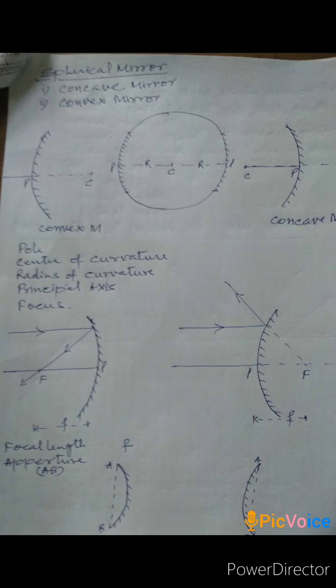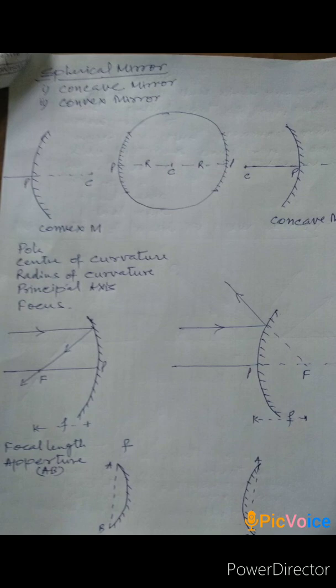So this is called the center of curvature, C. The radius of the spherical mirror is called the radius of curvature.